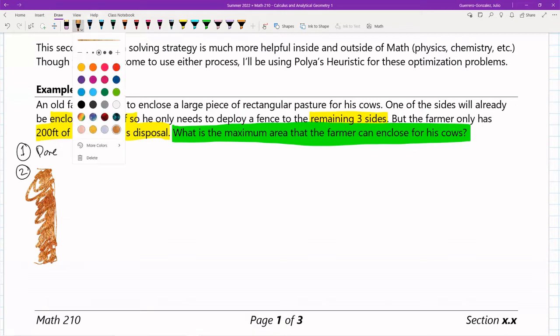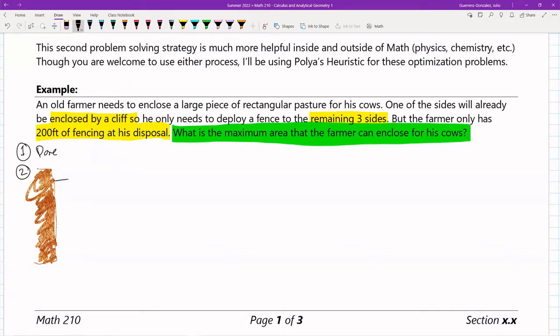And let's draw in now our rectangular thing. Since this is rectangular, I'm going to have a length here, and I'm going to have a width here. I don't know what those things are, right? But we have a couple things. And that means that this is a length as well, right?